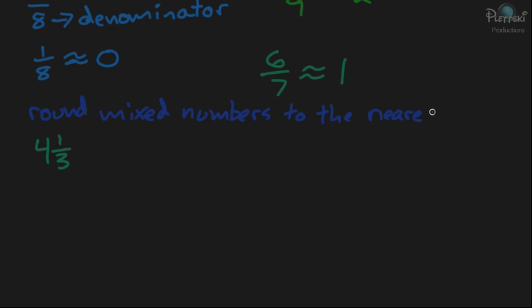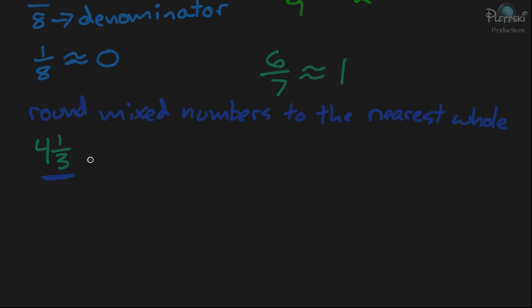Sometimes you want to make sure that you round high in real life situations, depending on what you're rounding. Especially if you're building something and you want to make sure you have enough materials, you want to make sure that you round high so that you'll have a little bit extra. But typically in your homework or in your math problems, when you have a mixed number, you'll round to the nearest whole number.